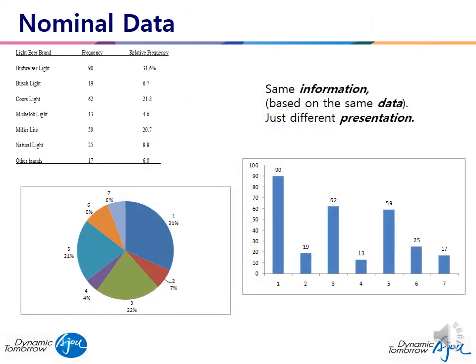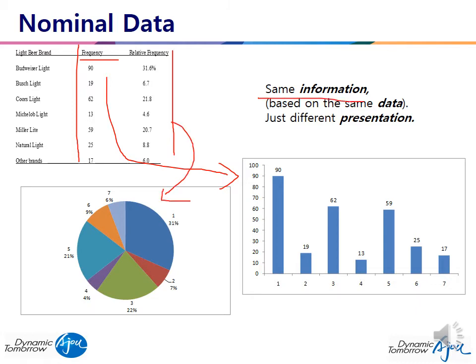And these are all of them. From the frequency distribution, we create a bar chart, and from the relative frequency distribution, we create a pie chart. Same information, but different presentation.